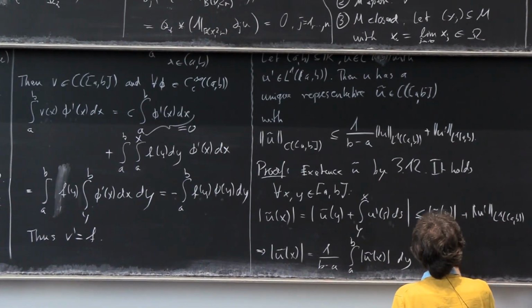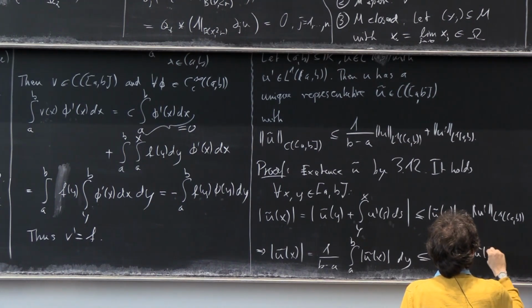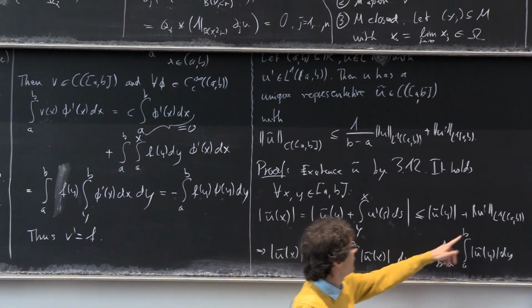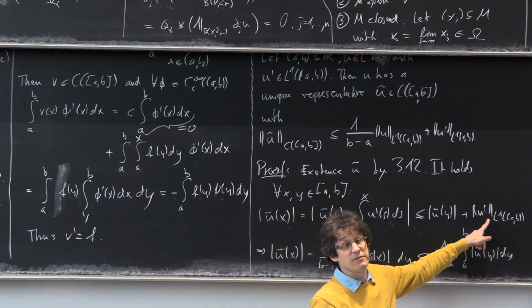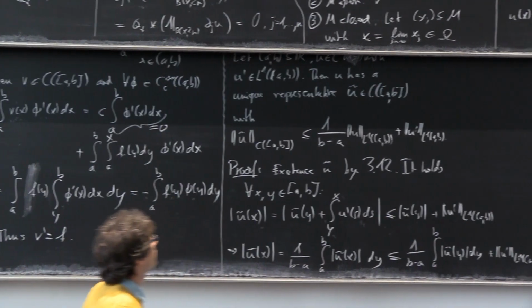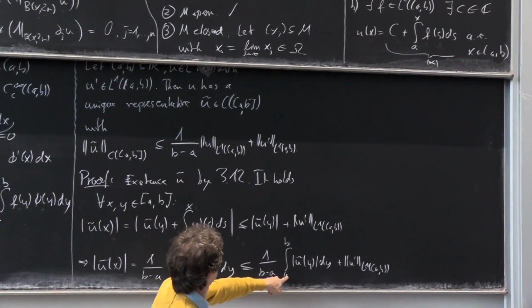So this gives you 1 over b minus a times the integral from a to b of u tilde of y dy plus the average over this constant, but averages of constants are the same constant, so this is again the L1 norm of u prime on AB. And now you find exactly what you want to have here: 1 over b minus a times the L1 norm of u.